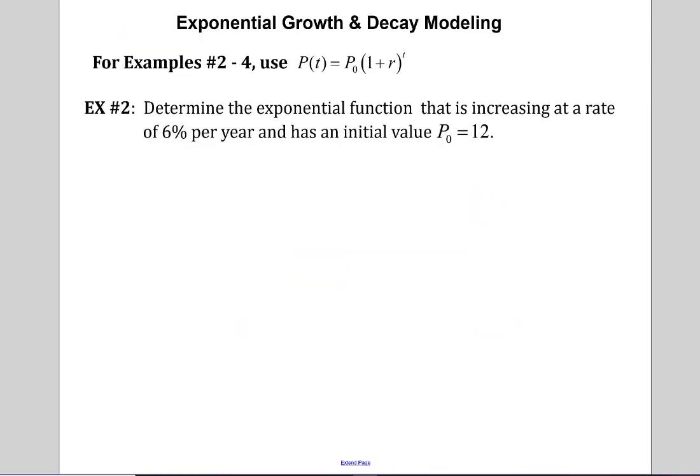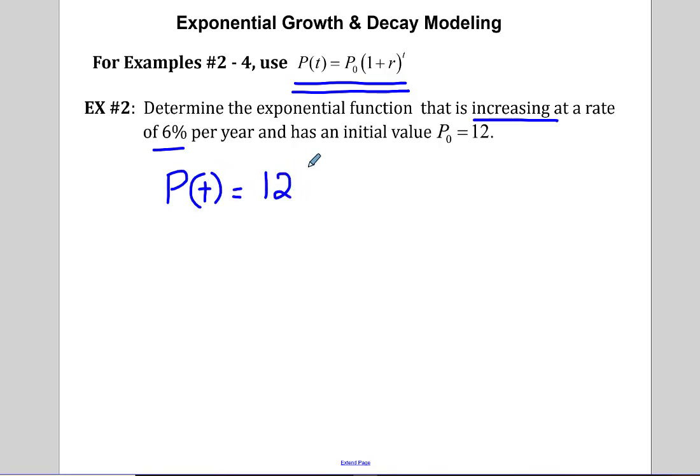In examples 2 through 4, we're going to use the population growth model right here. So example 2, we want to determine the exponential function that's increasing at a rate of 6%. So in that increase, we need to add 6% to the population formula.